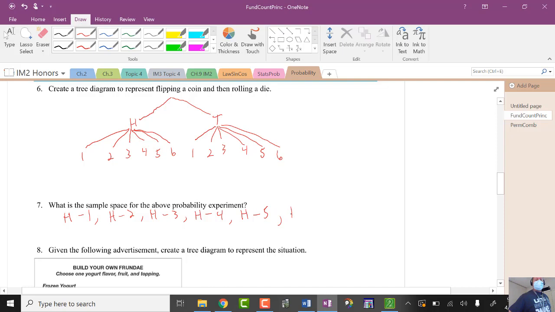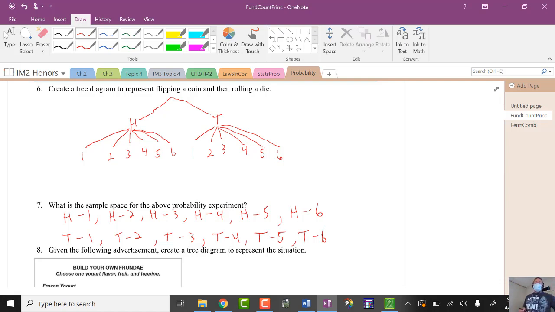And then the dash means, heads then 1, heads then 2, and so on. And then also tails, and then 1, 2, 3, 4, 5, 6. So keep quiet on that as I write this down. So understand a tree diagram, and then what it means to list the sample space when they ask you that. Again, 1 through 4 asks for the sample space. This is how you're answering 1 through 4.